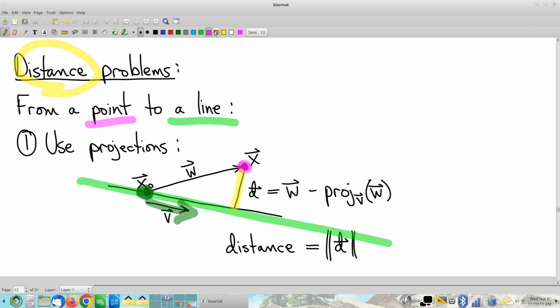I'm going to make the clever observation that if I view the distance as being the magnitude of a vector, I can relate that vector to that vector, which is just an easy subtraction, and this vector, which is just a projection.